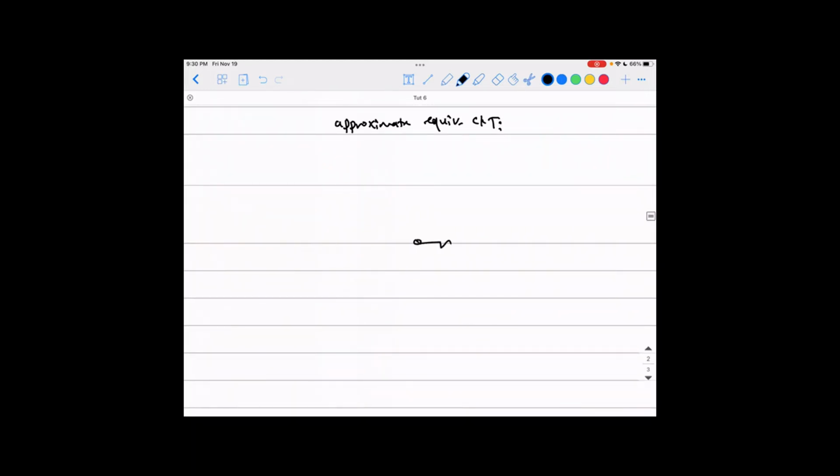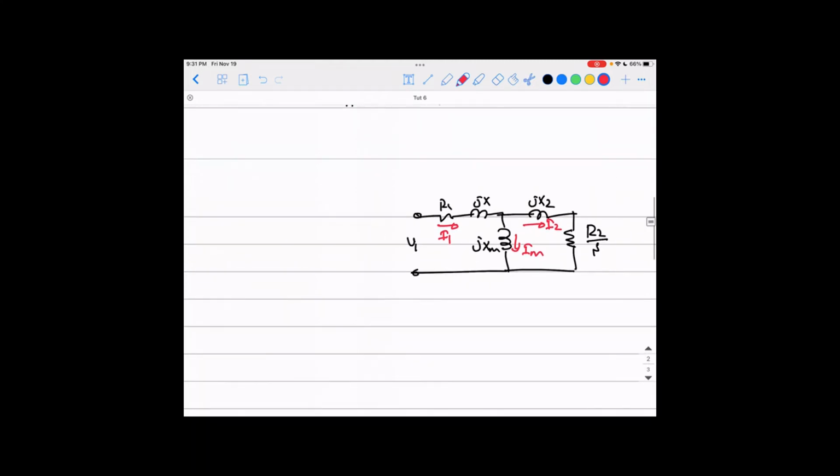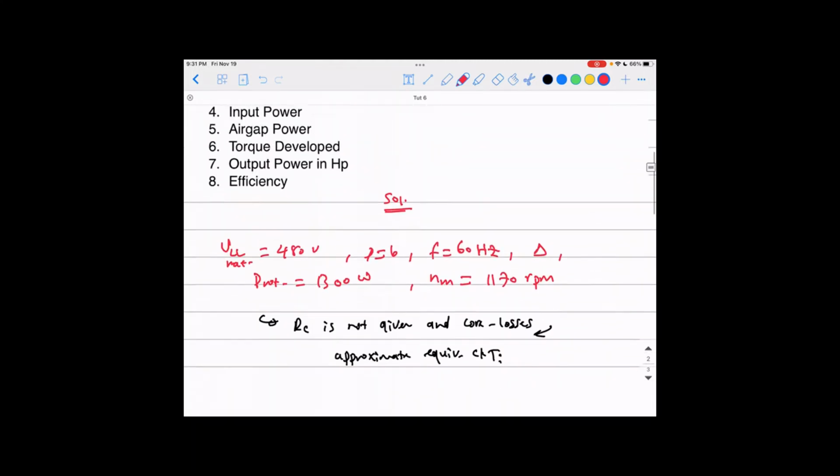Okay, so draw it down for yourself. That's very important. R1, JX1, and here's JXM, because there is no RC or core losses given. That is JX2, and that is R2 over S. Okay, that is V1, and the current goes here as I1, that is I2, and that is IM. Okay, guys?